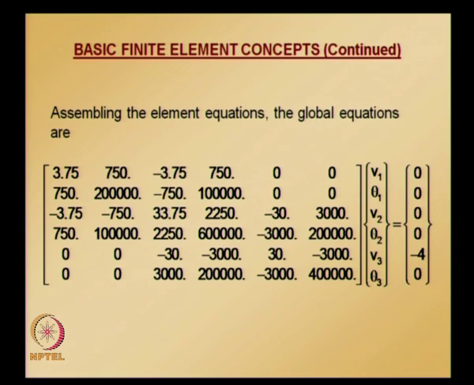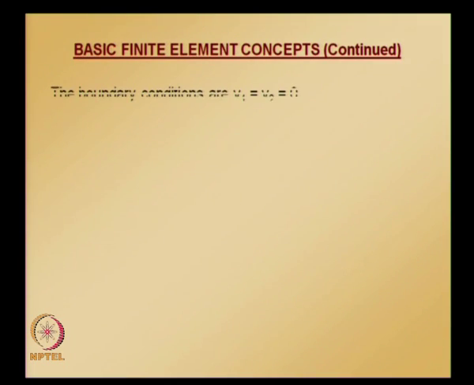And here, if you see the problem half model, V1 is 0, V2 is 0, and theta 3 is 0 because rotations are not allowed at the point where symmetry is there. So the boundary conditions are V1 and V2 are 0, and because of symmetry theta 3 is 0.